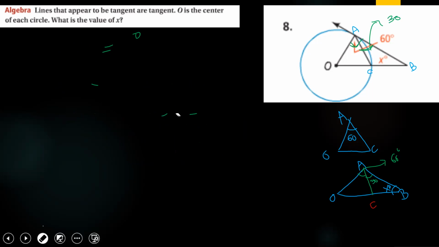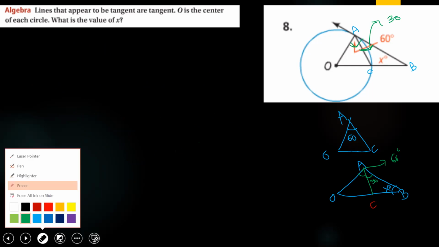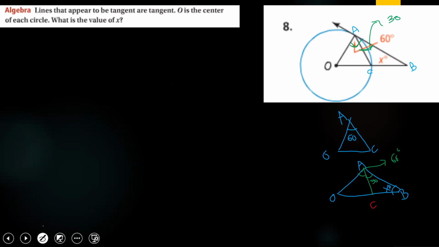Teacher, yes, Hanin. The triangle OAC is an equilateral triangle, right? Yeah. So this is the second idea here. If you look at OA and OC, are they radius? Yeah.